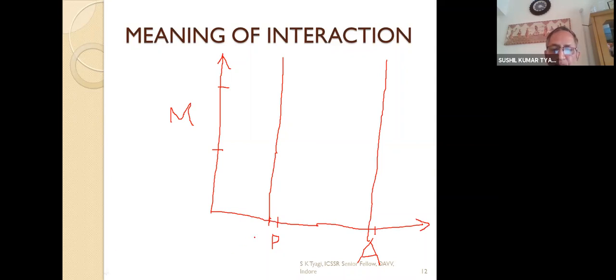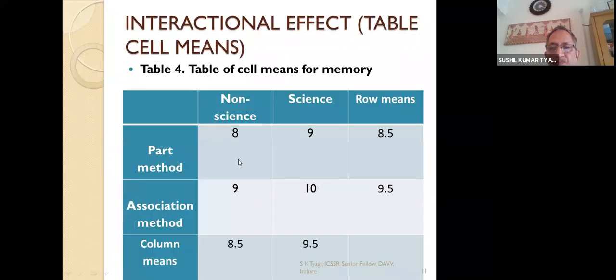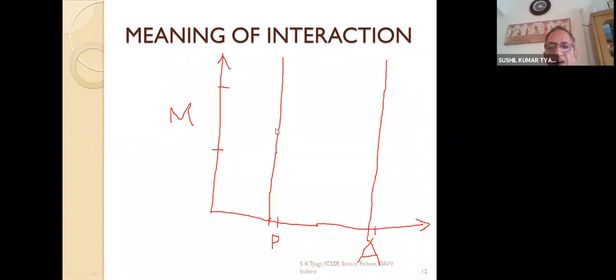Now for part method we have two means, one for science students and another for non-science students. The mean of non-science students is 8 and the mean of science students is 9. So we represent this on the part method line. Non-science mean is 8. Now this is 10, so 8 is somewhere here.